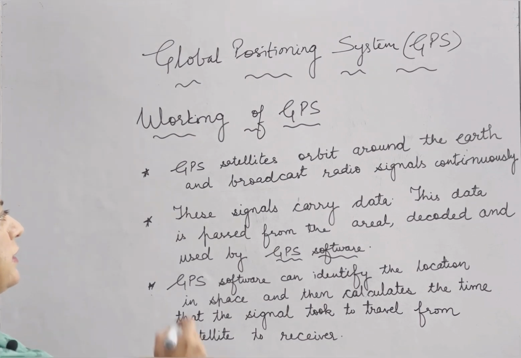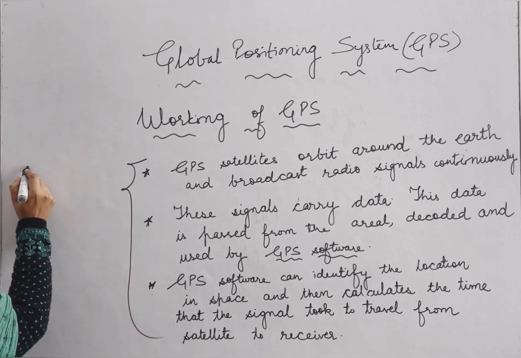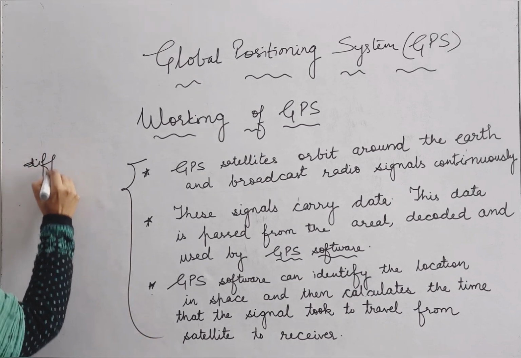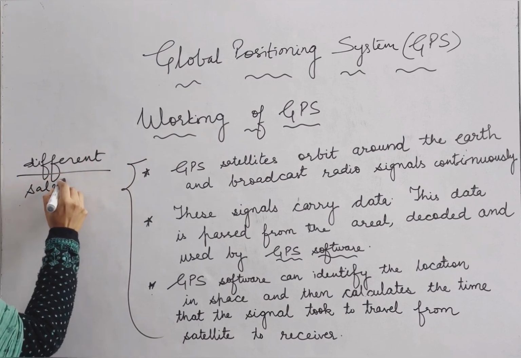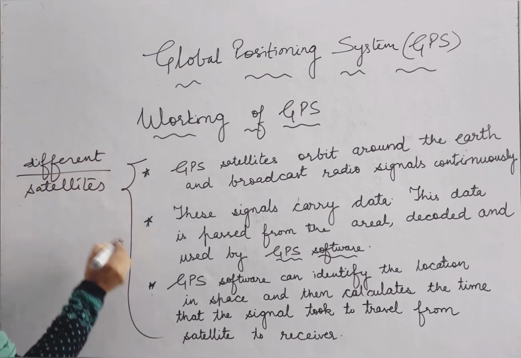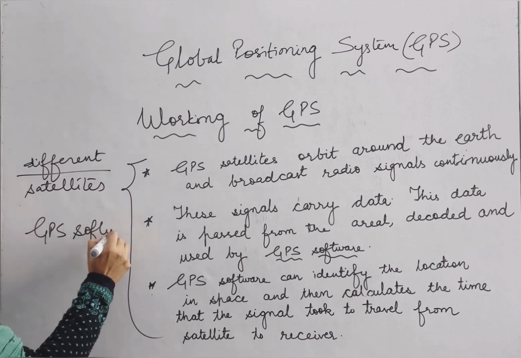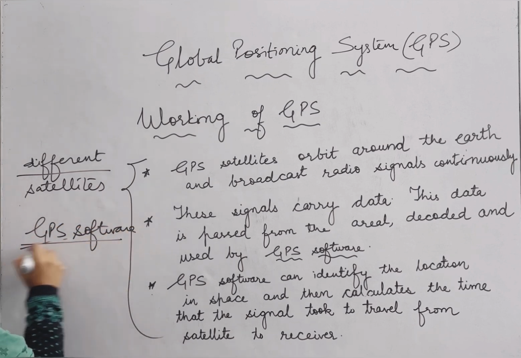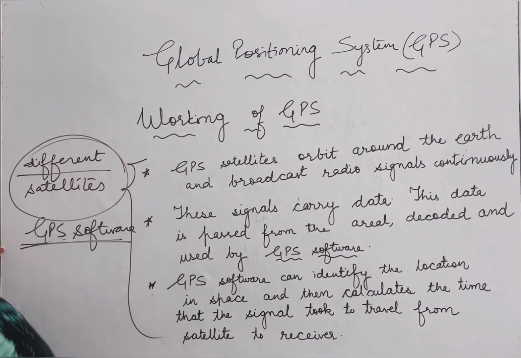Now, this information the GPS software is receiving from different satellites, not only from a single one. Different satellites are giving this information to the GPS software, and GPS software is utilizing all this information from the different satellites to find out the location of the receiver.